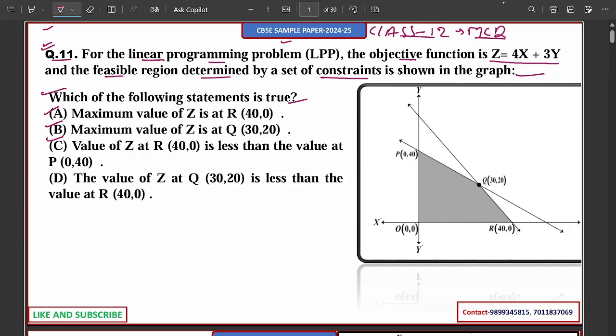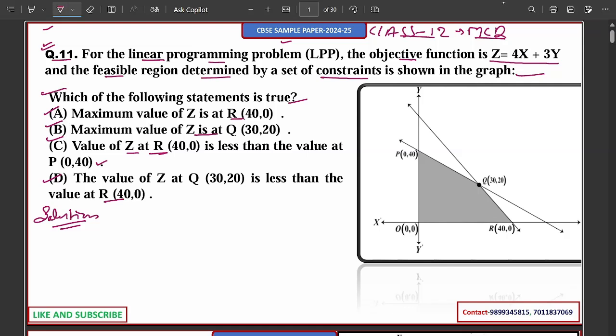The four options are given: A, B, C, and D. Maximum value of Z is at point P, maximum value of Z is at point Q, the value of Z at R is less than the value at P, and the value of Z at Q is less than the value at R. So we will solve this problem.